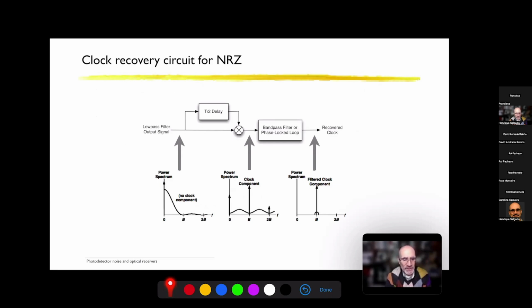This slide just shows a simple circuit, and I'm not going into much detail. From the NRZ information, it involves delaying the data by half a clock period and then multiplying it, which gives rise to a clock component, which can then be filtered to obtain the desired data rate or clock information.